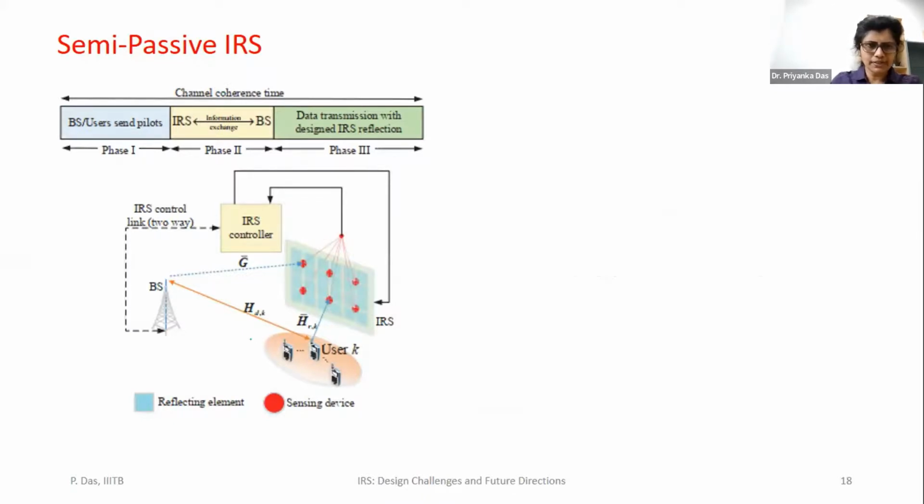This is a big picture and needs a lot of good understanding. You see this is a base station, there is an IRS, and my IRS is now semi-passive. What do I mean by semi-passive? I have some red dots, which are sensing devices. These are active, and they are used to do pilot-based channel estimation.